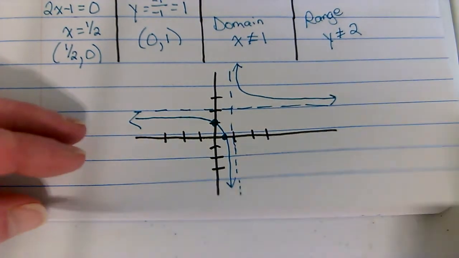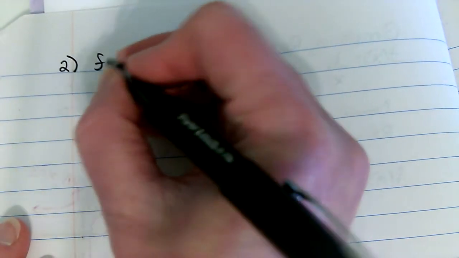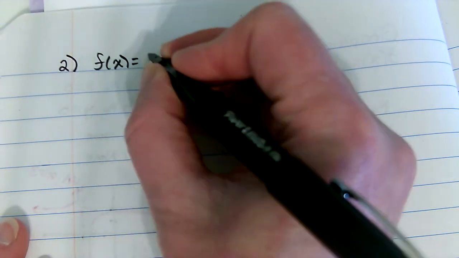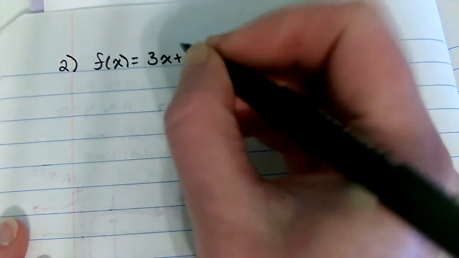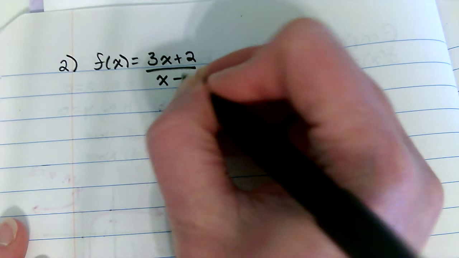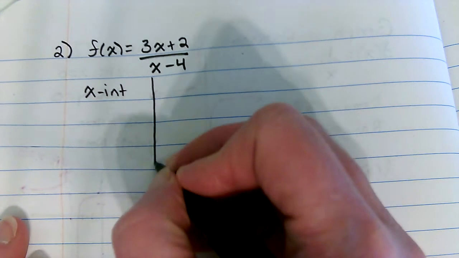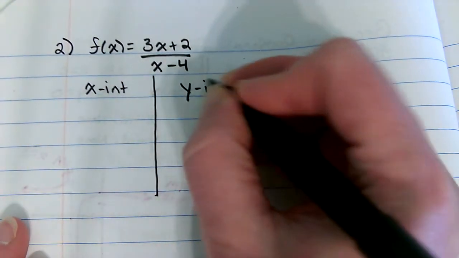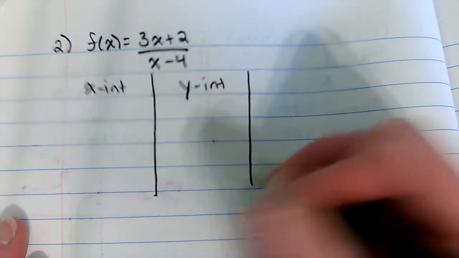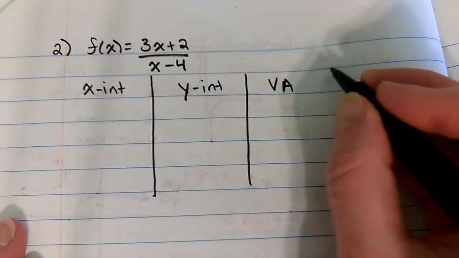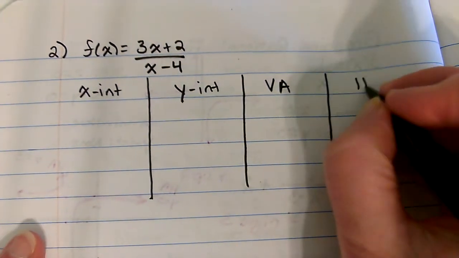Let's try another one. Two. Okay, so we're going to do all the same things: x-intercept, y-intercept, vertical asymptote, horizontal asymptote.